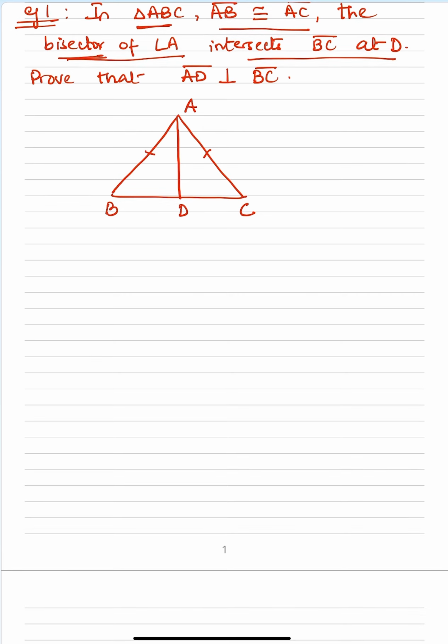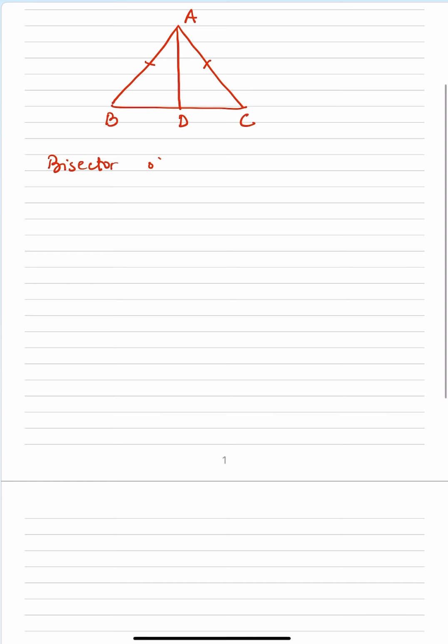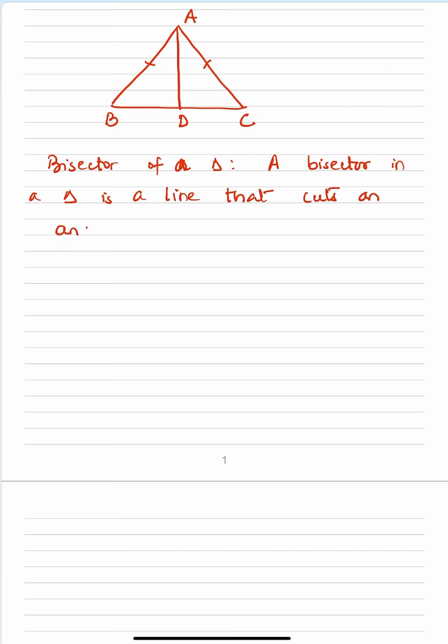Okay, so first I would like to explain to you what is a bisector of a triangle. See, what is a bisector? The bisector in a triangle is a line that cuts an angle, or side, into two equal parts.